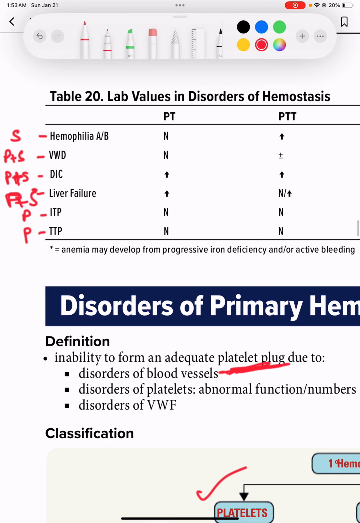Okay. Now the secondary ones. Now we'll make sure we are thinking correctly about the PT and PTT. So the secondary one, hemophilia A and B, that would be factor 8 and factor 9. So that would be mostly the intrinsic pathway, and that would be the PTT, the longer one, so that would be prolonged.